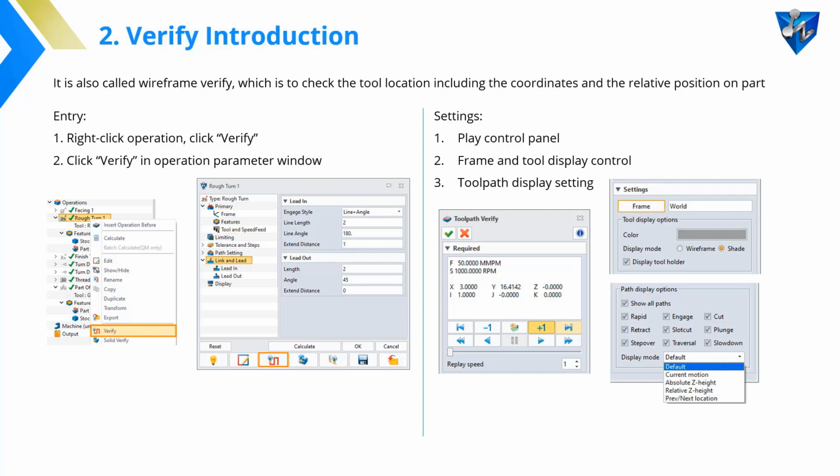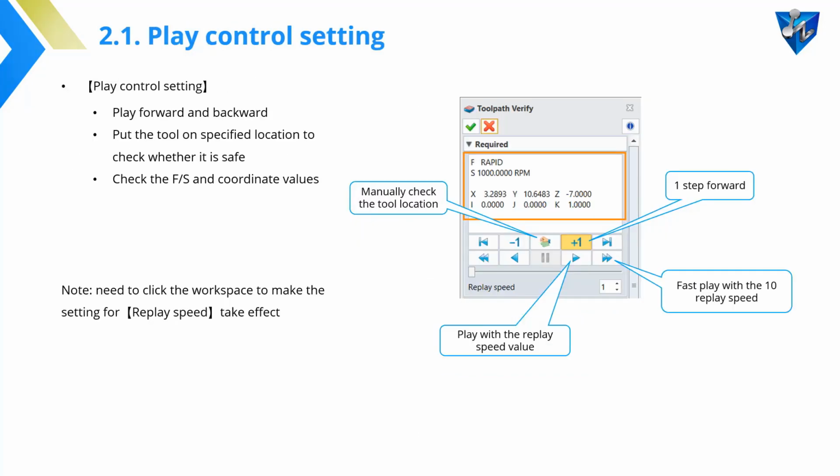All the settings for verify include 3 parts: play control panel, frame and tool display control, and toolpath display setting. For the play control panel, we can play forward or backward. It supports playing automatically or manually step by step. We can set the play speed, and the max value is 10, which is the same as fast play.